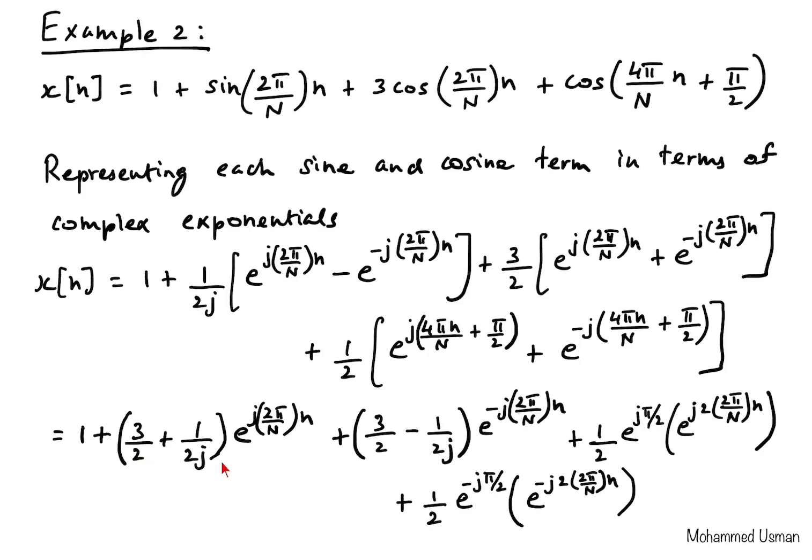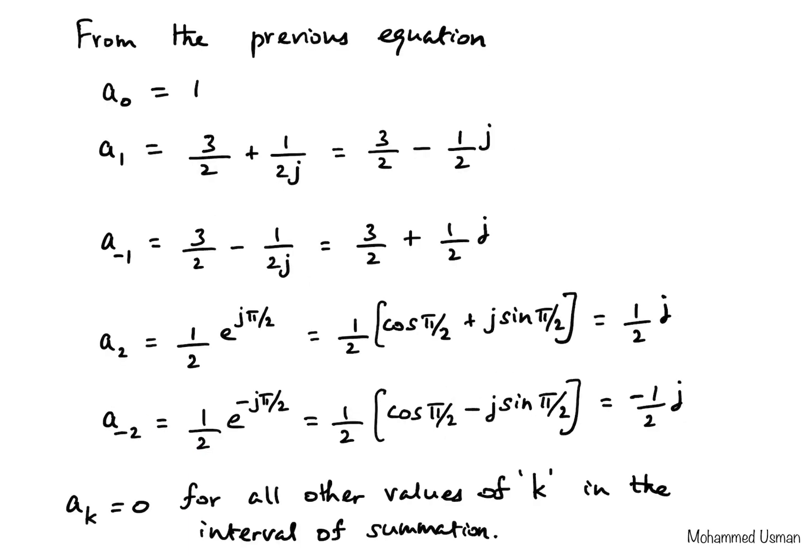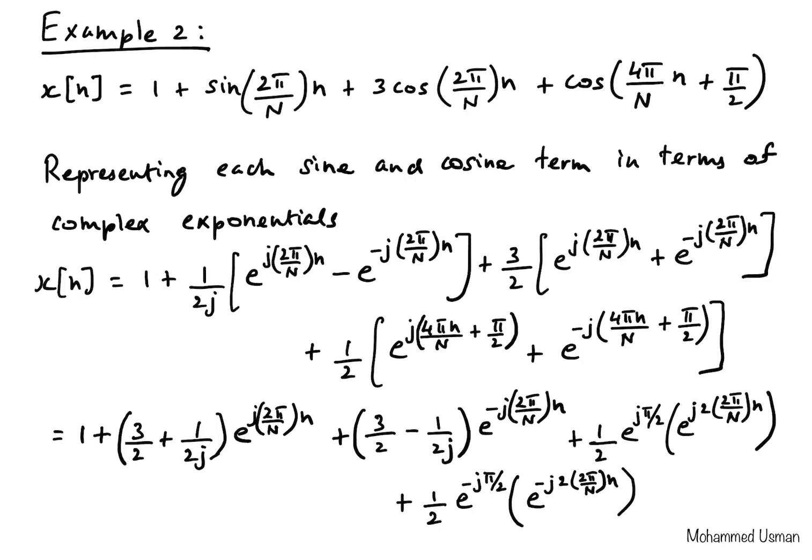And so the a1 term is 3 by 2 plus 1 by 2j, which is what we have written here. So a1 is 3 by 2 plus 1 by 2j. Since the j is in the denominator, we multiply the numerator and denominator by j. So j by j, the denominator becomes j square, which is minus 1. So 1 by 2 into minus 1 is minus 1 by 2, and we have a j in the numerator, right? So that becomes 3 by 2 minus half times j.